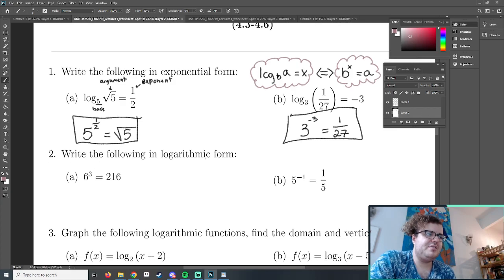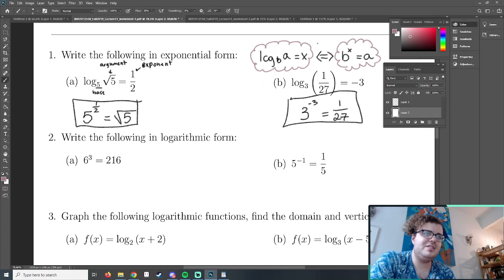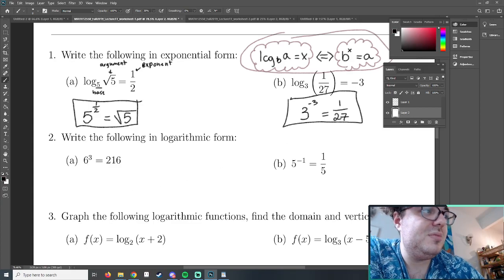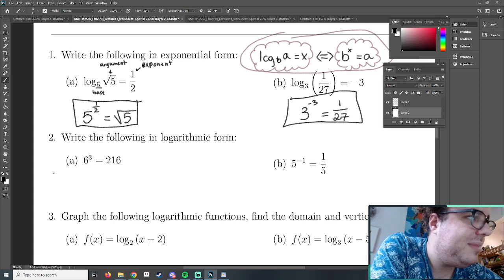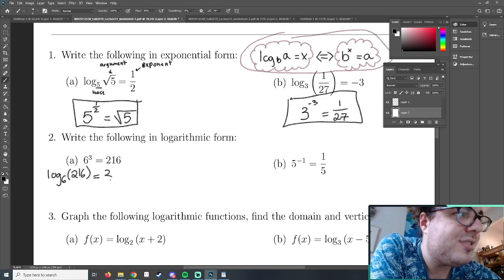Now, here they want us to do the opposite. They've given us an exponential statement, and they want us to convert it into a logarithmic statement. So we can still use this same rule from up here. So if 6 cubed equals 216, that means the power I raise 6 to get 216 is 3.